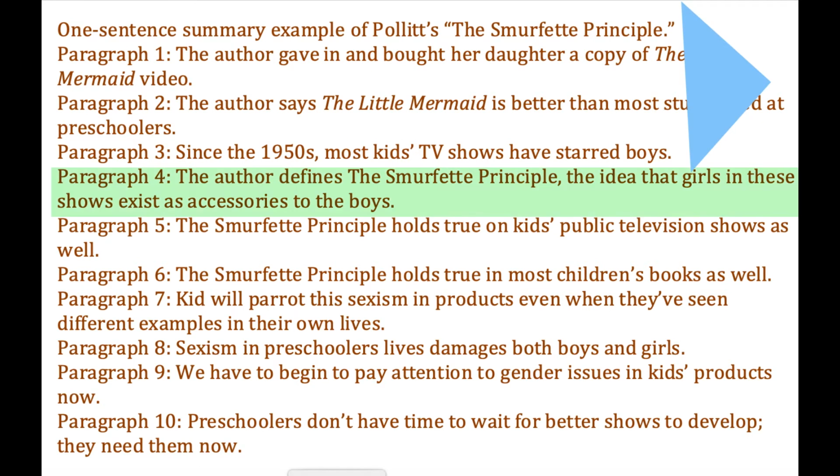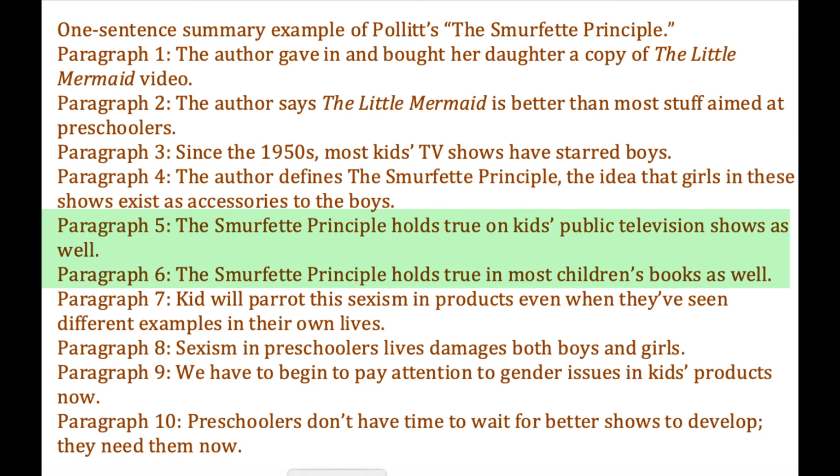In paragraph 4, she defines what she's going to call this problem. She's going to call this problem the Smurfette Principle, and she tells us what she means by that. Then paragraph 5, paragraph 6, she is giving us more examples of places where the Smurfette Principle holds true.